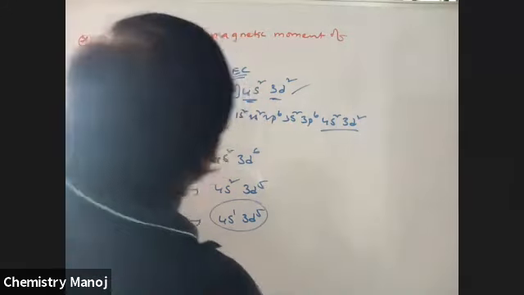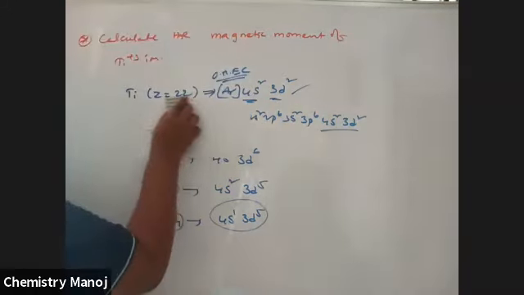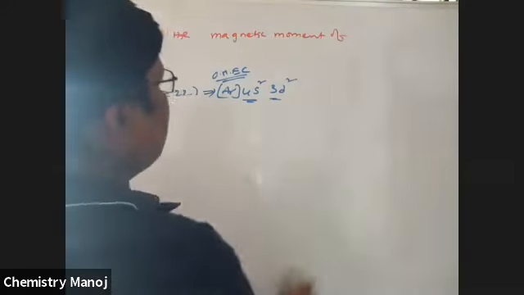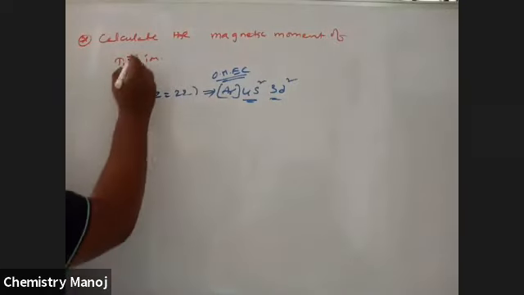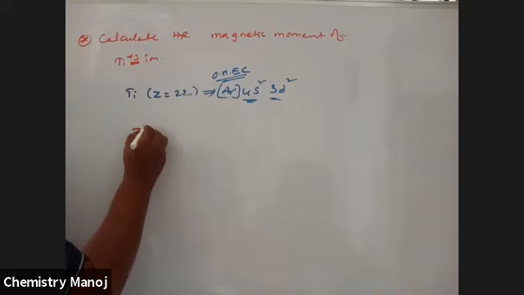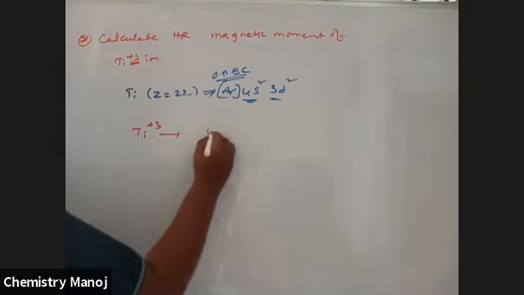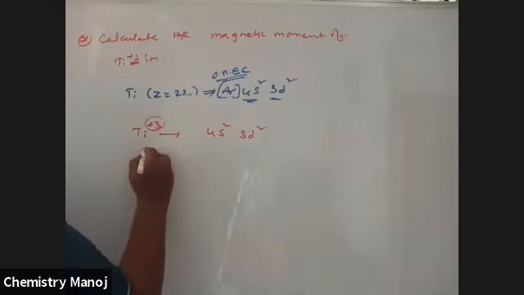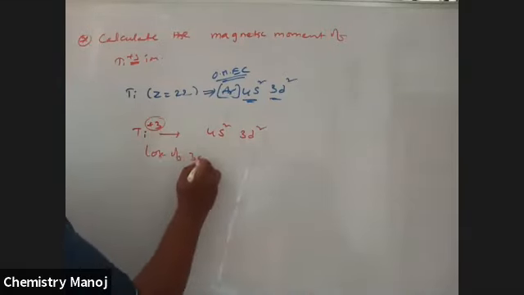So it is for titanium. But here I am taking titanium plus 3, that is loss of 3 electrons. Now 4s2 3d2, plus 3 means loss of 3 electrons.